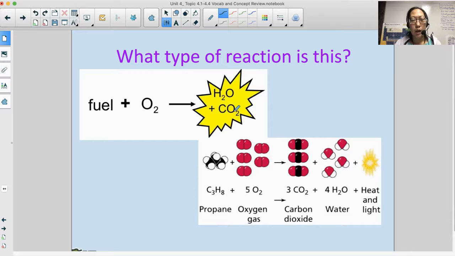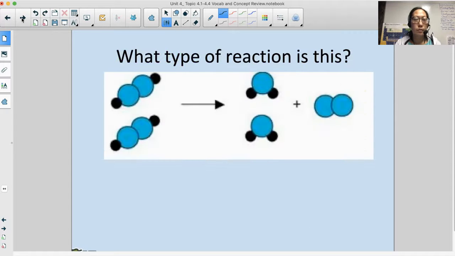Here, you probably recognize this immediately with the H2O and CO2, as well as the oxygen that's burning the fuel. These are combustions. Now we're looking at a particle model. If we take a look here, we have one compound.